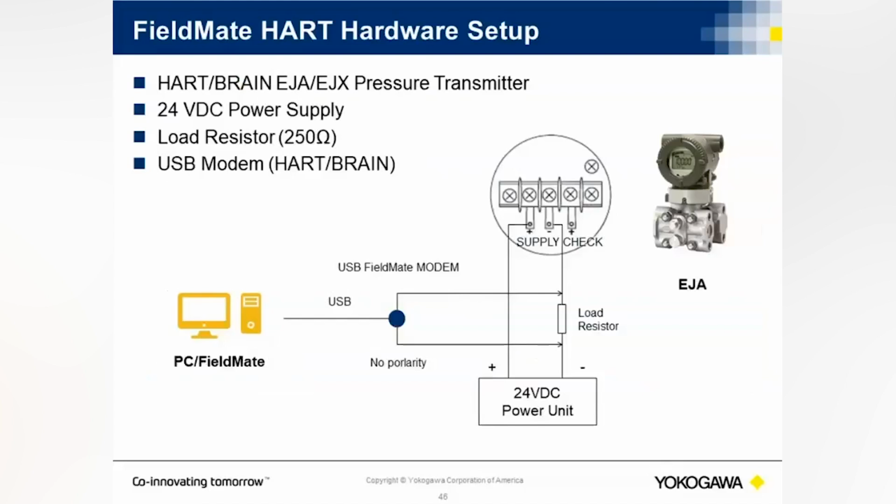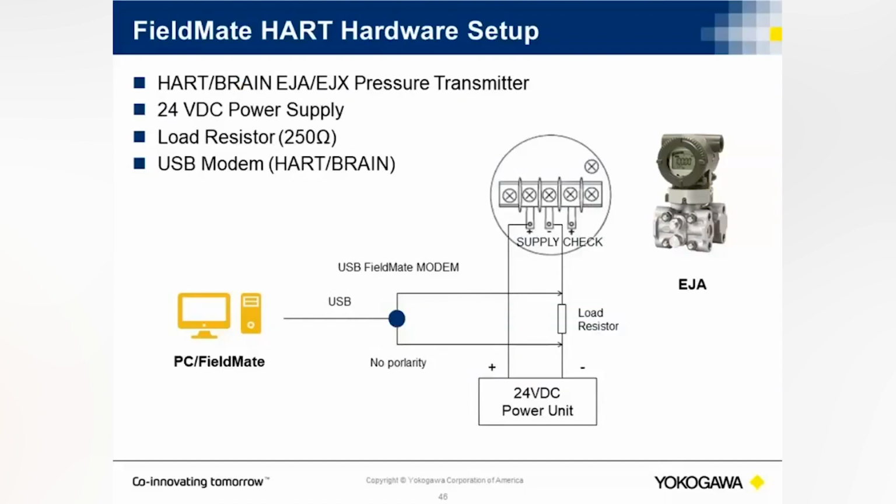So going further into the 3.03 update, here is a basic diagram of how the interface is set up. FieldMate utilizes a USB modem. Depending on the type of transmitter that's used, this could be either a USB to HART or a USB to BRAIN modem.